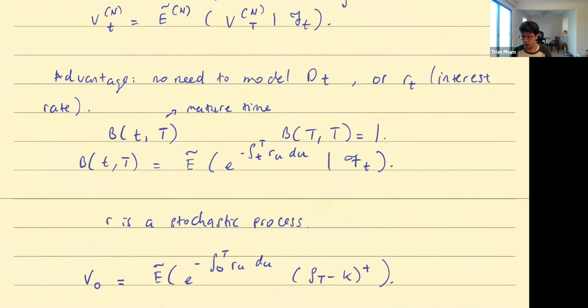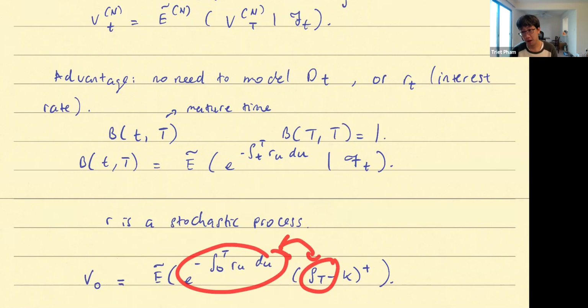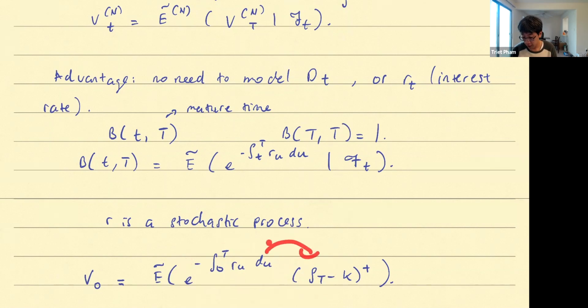And this is no joke, because this is stochastic, so you cannot bring it out; you have to keep it in. You have two sources of randomness, one from the interest rate, one from the stock. They may even be correlated. Forget your Black-Scholes; you'll be lucky if you can even get some numerical approximation here.